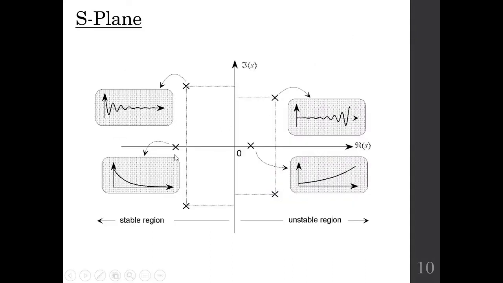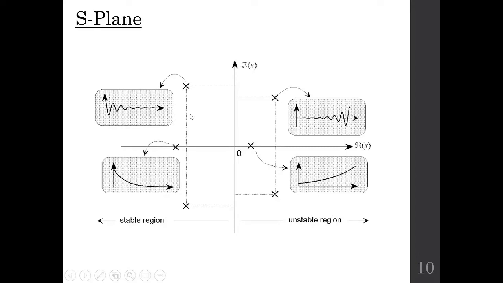This is another depiction of how the response of your system will look like if you have poles in the underdamped region of your S-plane, overdamped or critically damped system, or if you have an unstable system having imaginary or real poles.